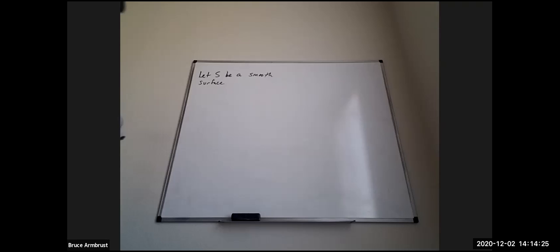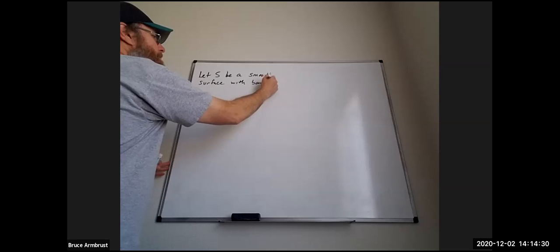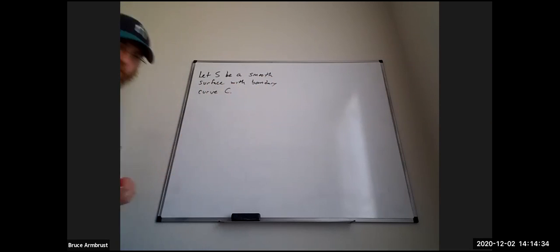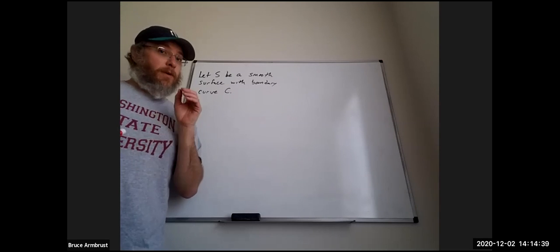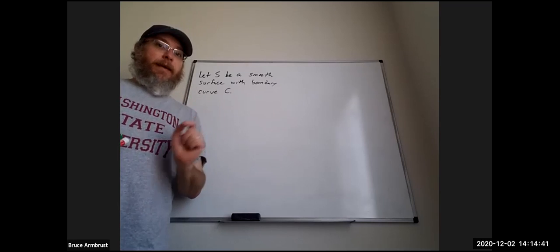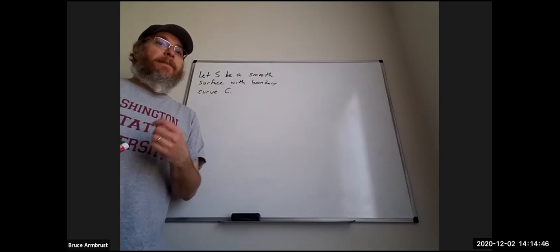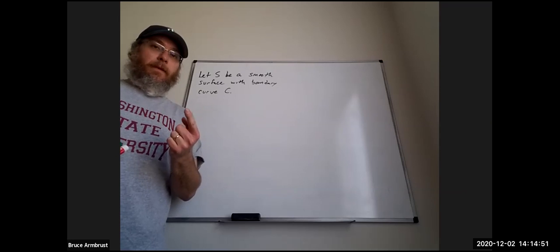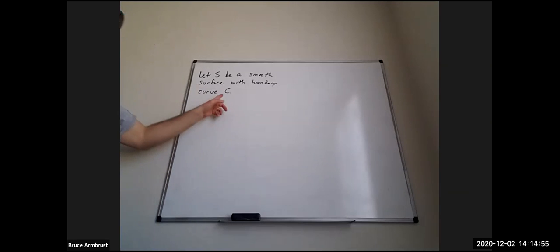So we're going to have a smooth surface with a boundary curve C. Think about the one we were just looking at, where we had that hemisphere. That hemisphere was S. Its boundary curve was that circle. That was the edge of the surface, so that's this guy, C.